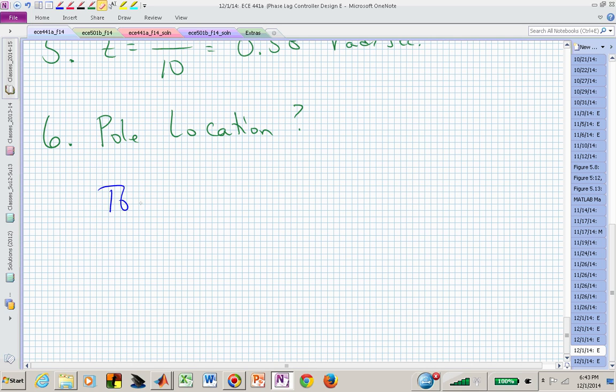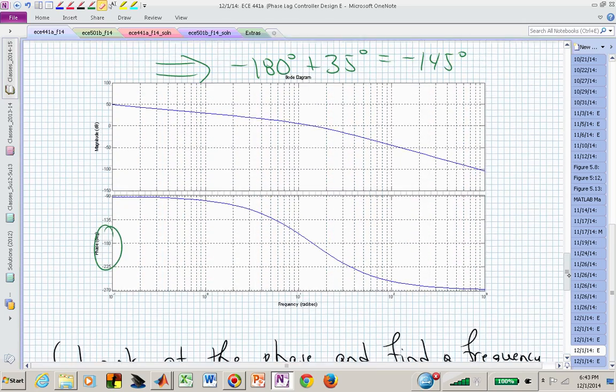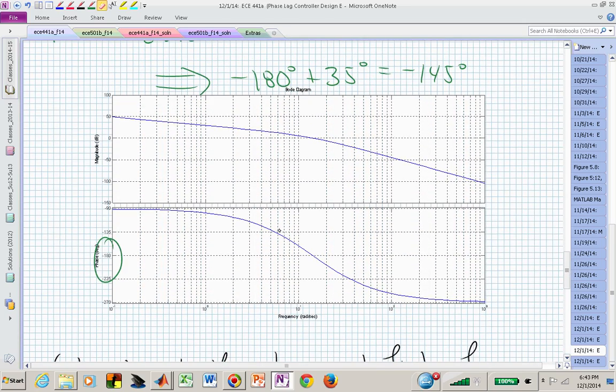What I need to do now is go back to my diagram, and I now have a frequency identified that's between 5 and 6, and I go up here and I say I now need that much attenuation in my magnitude in order to get my gain curve to cross 0 dB at that new frequency.